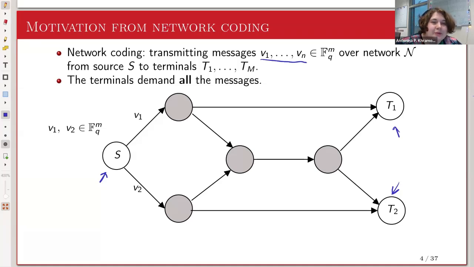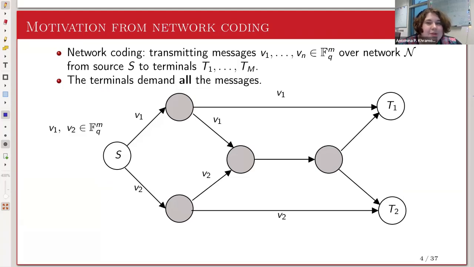And what we want to do is transmit these messages to the terminal nodes in a way that every terminal gets all the messages that we want to transmit. So here we have two messages. We can send them over two different arcs of the network.